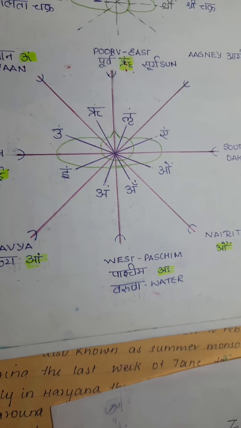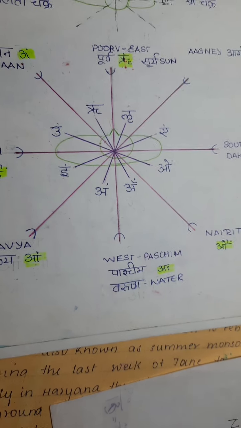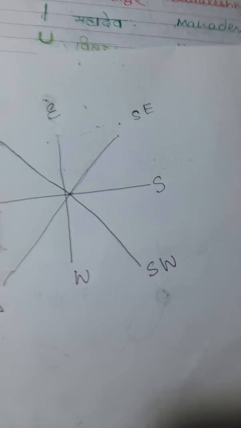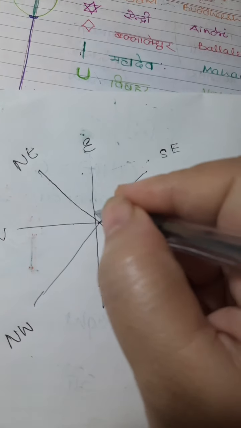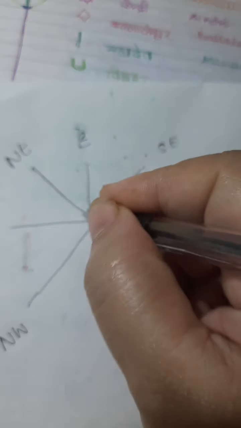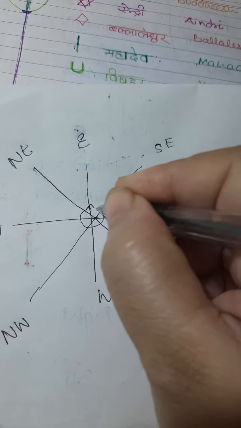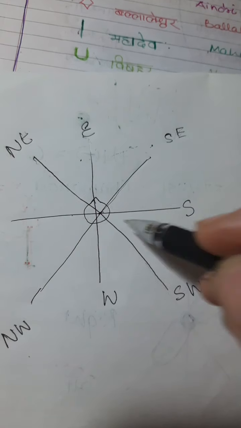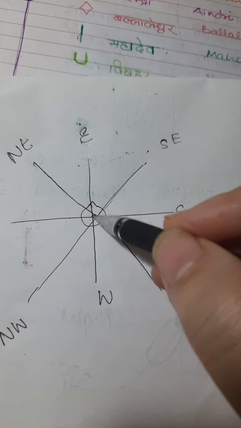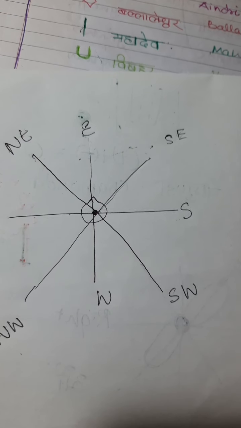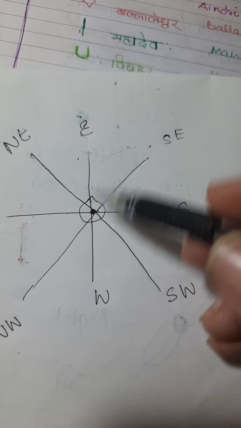Clear? Now, here is my nose and this is my head. So they come and join at Sahasrara. Everything radiates from here and comes back here.